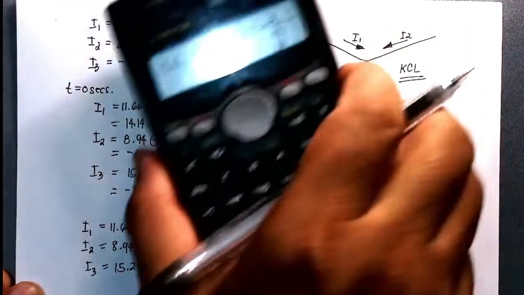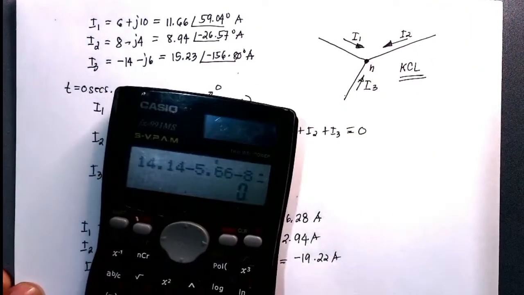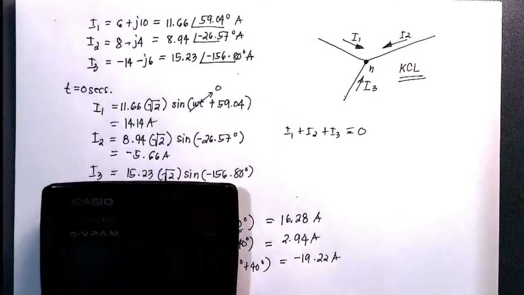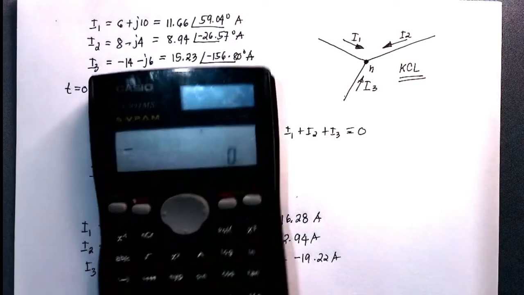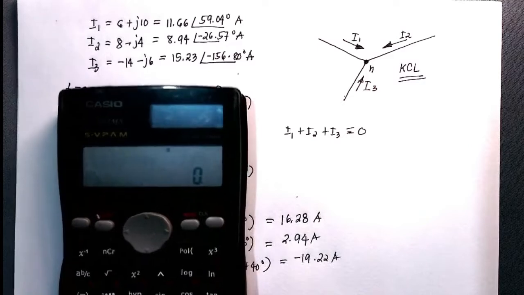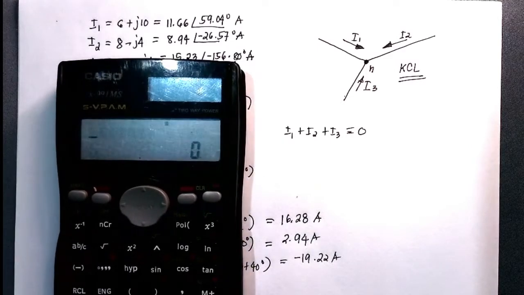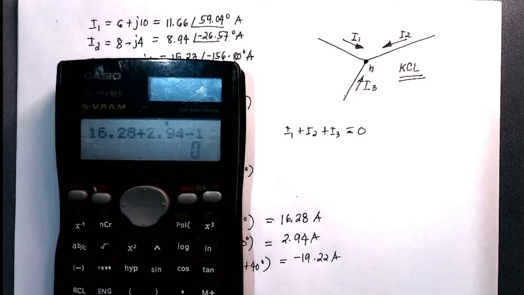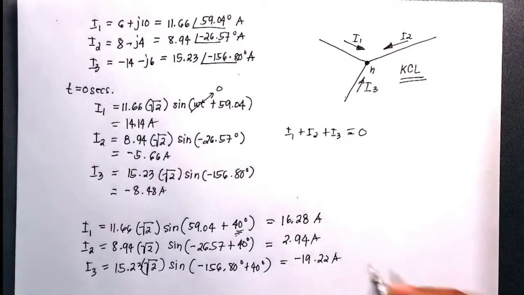Again, let us solve the summation of these currents at a certain time, not at 0 seconds, in which it gives us 40 degree. We add these currents, 16.28 plus 2.94 minus 19.22, and it will give us 0.